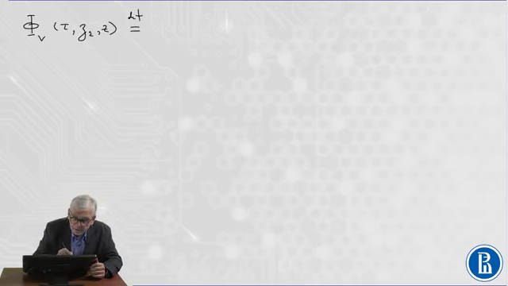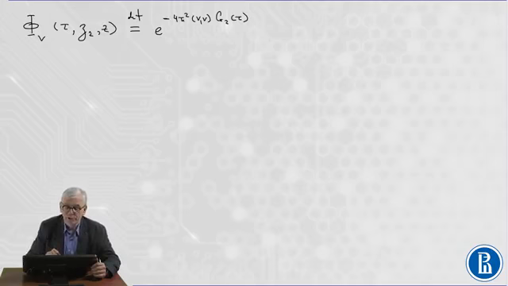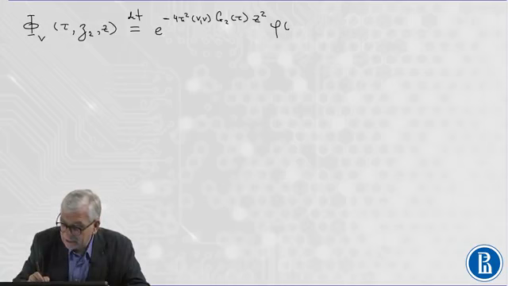this is equal to e to the power minus 4 pi to the square of the vector v, the quasi-modular Eisenstein series G2, then z small z to the square, times Phi of tau, z1 plus zv.